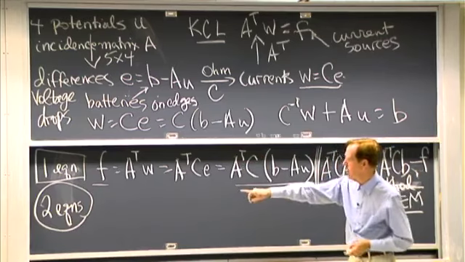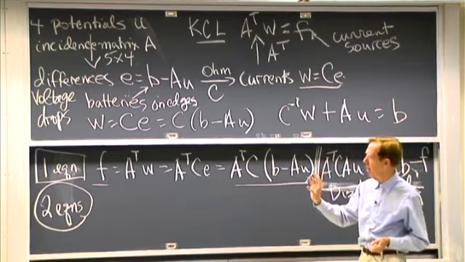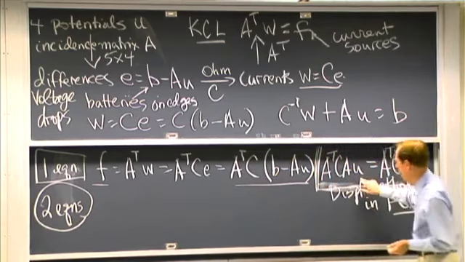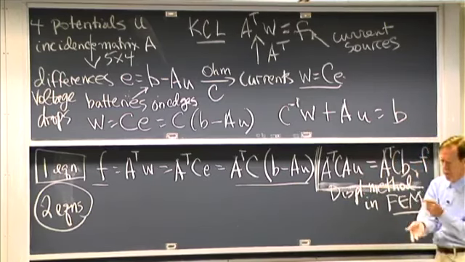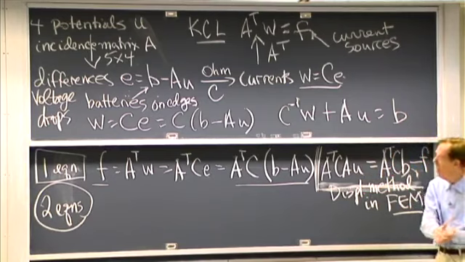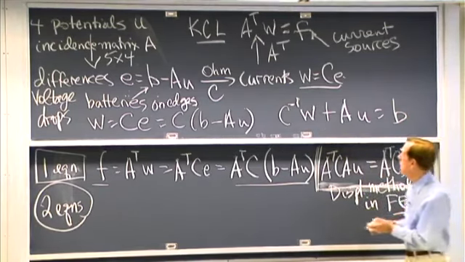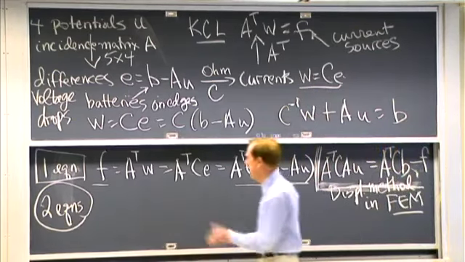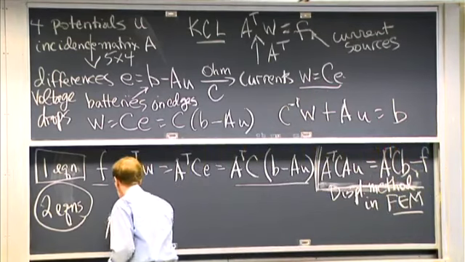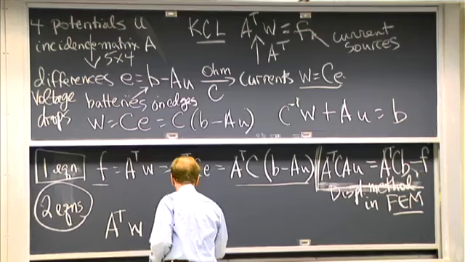What two unknowns am I going to keep? U I'm keeping, displacement, but I'm also going to keep what I think of as the other important unknown, W. So now I have two equations, and one of them is just the current law, the balance law, A transpose W equals F.